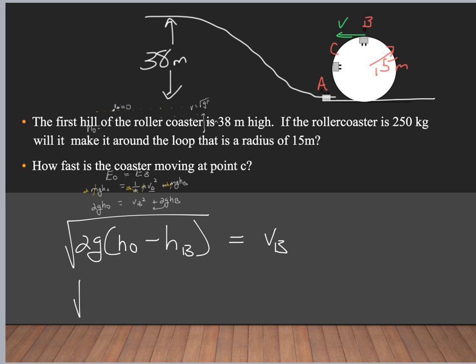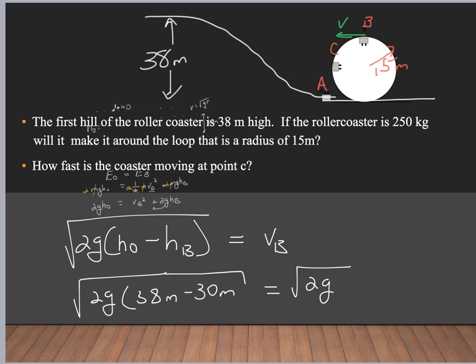All right, square root of 2g, 38 meters minus 30 meters, we get 12.5 meters per second.